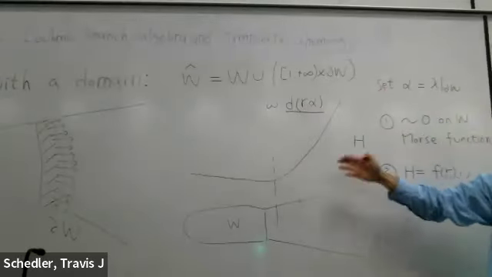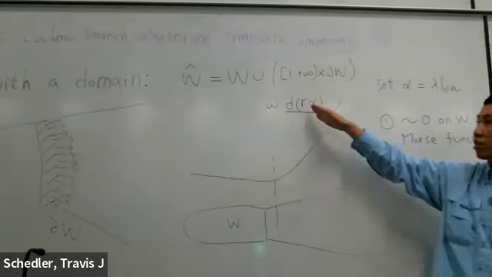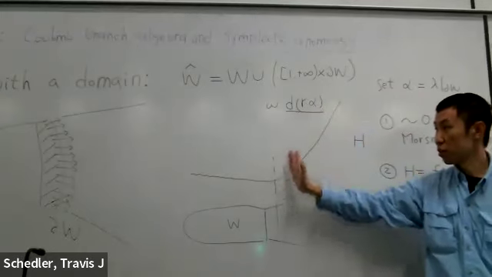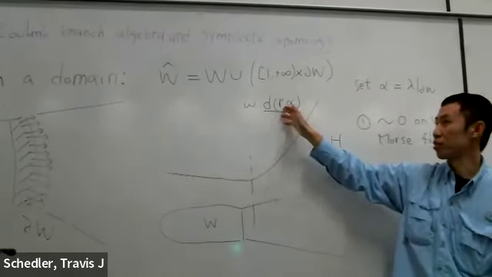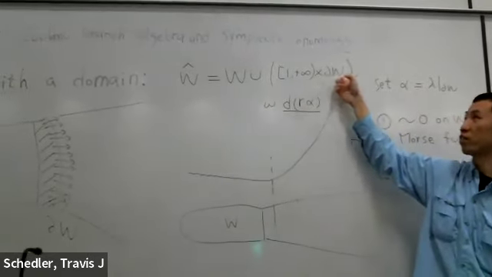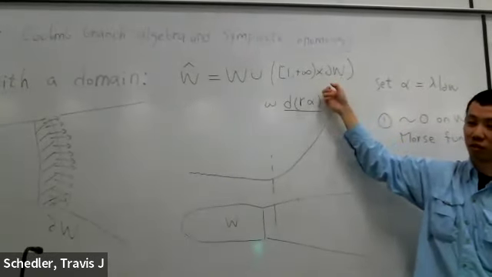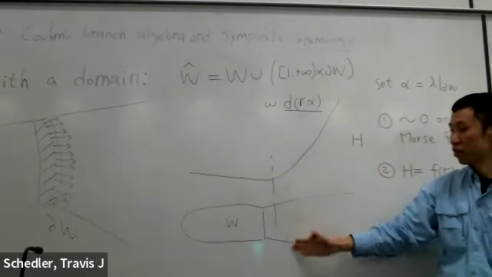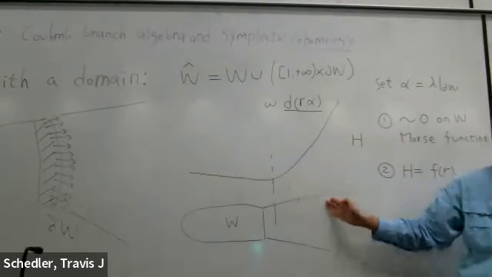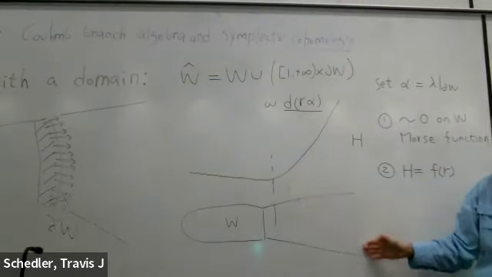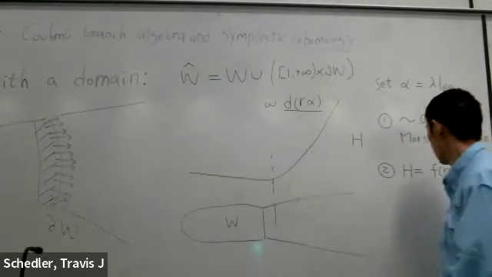In other words, this function only depends on the r coordinate, and does not depend on anything on partial W. In other words, any level set of this H is just a copy of partial W. So we have infinitely many copies of W.